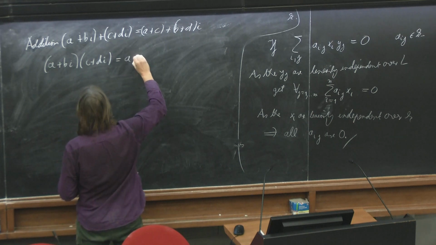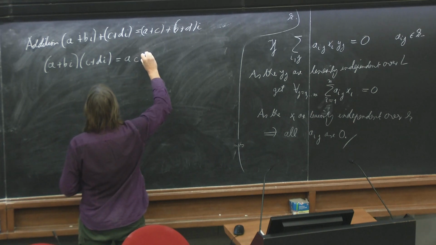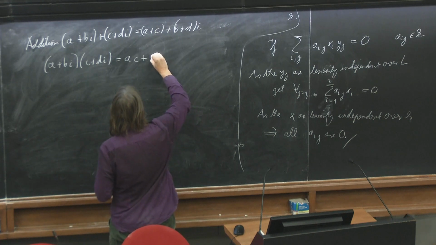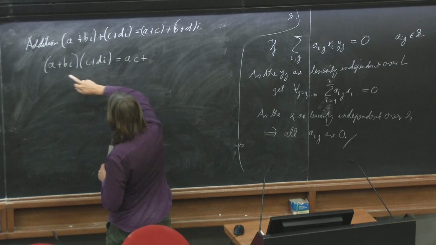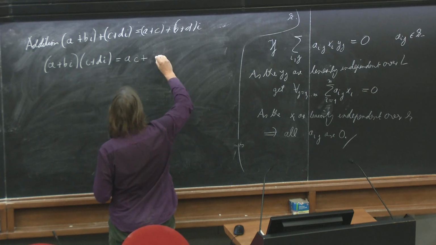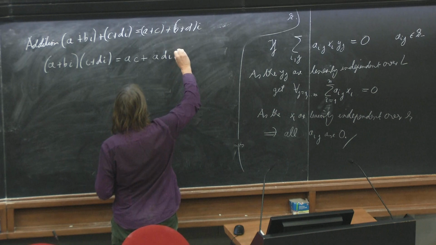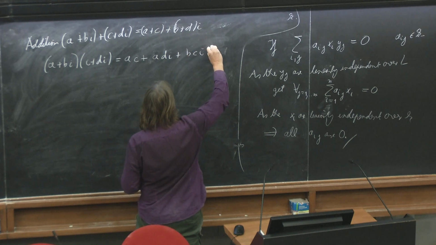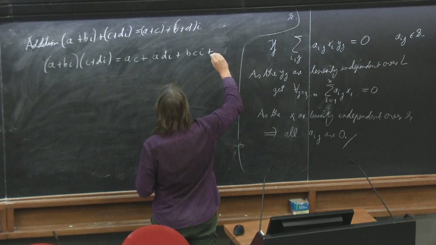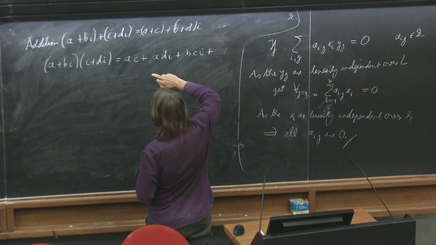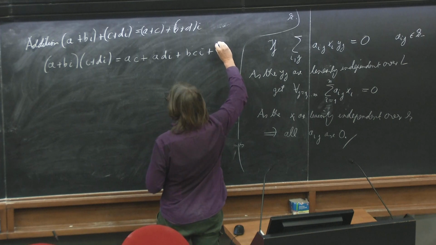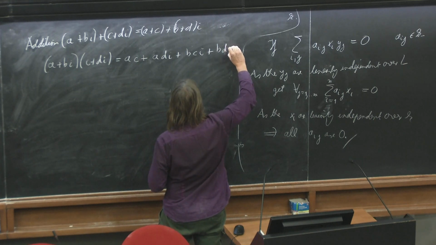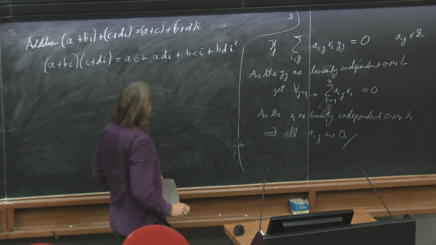We have here ac plus ad i plus bc i plus bd i squared.